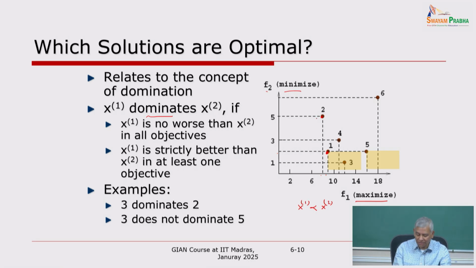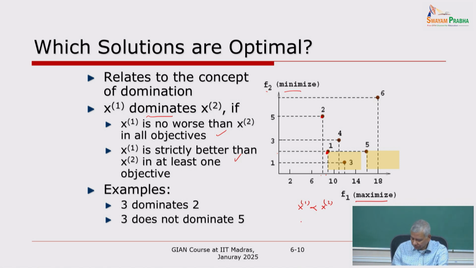So 1 is better than 2 in all objectives. That satisfies the first condition, that x1 is not worse than x2, and x1 is strictly better than x2 in both objectives, so it also satisfies the second condition. So we say that 1 dominates 2.